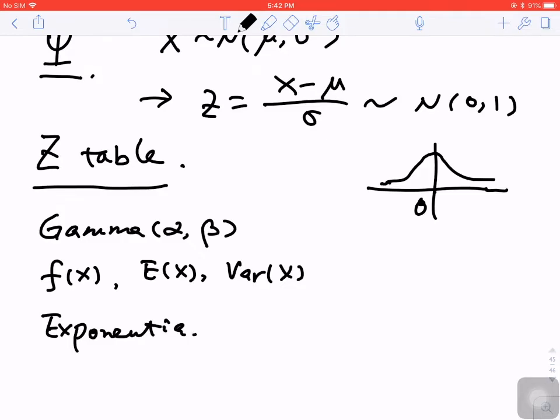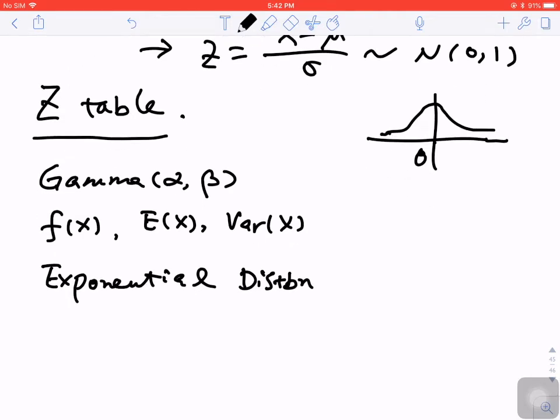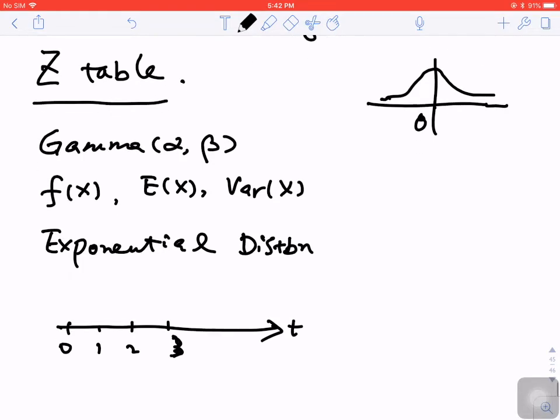For the exponential distribution, we have discussed a lot which is not listed on the slides. Basically, this distribution describes the waiting time between two events in a Poisson process. For example, you're counting the number of phone calls that arrived within an hour.